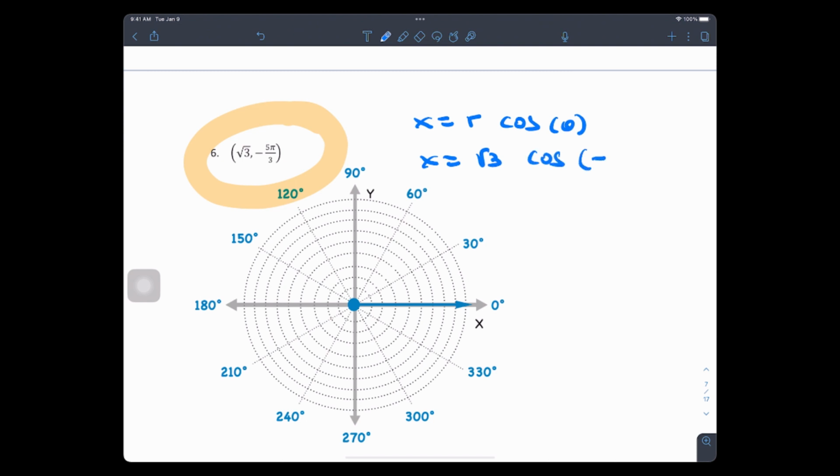I now need cosine of negative 5 pi over 3. Your y coordinate is r sine theta, where the radius is the square root of 3. We need now sine of negative 5 pi over 3. Okay?